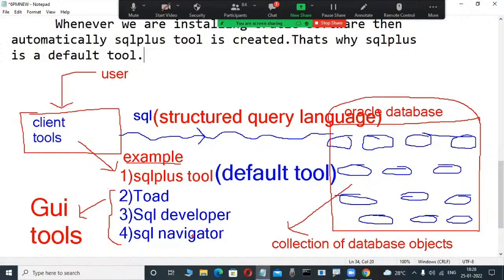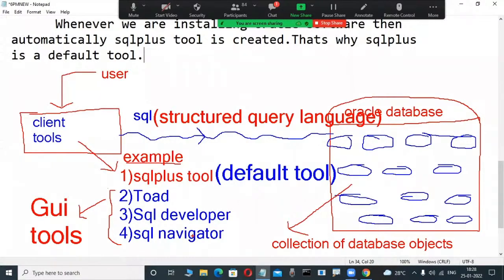At least, users connect to their client tools. Some tool names are SQL Plus, SQL Developer, SQL Navigator. SQL Plus is the default tool, you are not required to install it. Through these tools, we are connected to this server, which is the Oracle database.